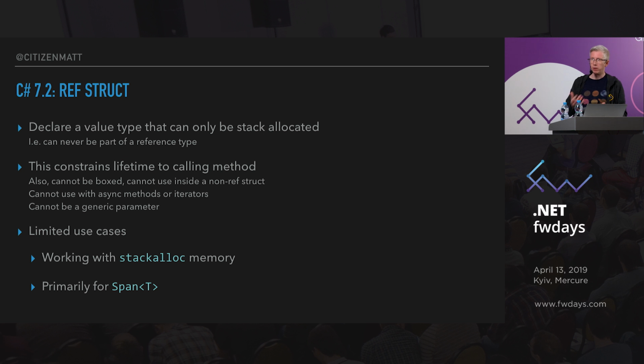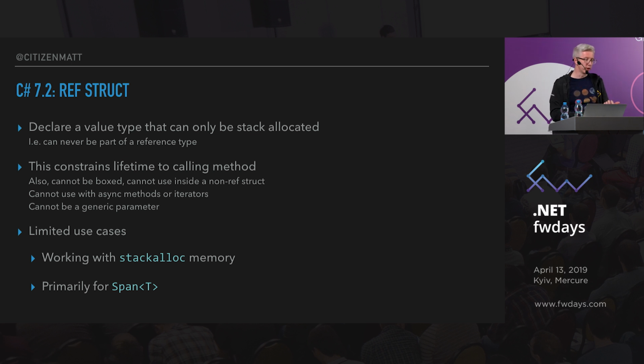So this puts in a whole bunch of constraints on what you can do with this particular value type. The big one is that it constrains the lifetime to the calling method because it can only live on the stack, and once the calling method is done, it gets thrown away. But there's other things as well, so it can't be boxed, it can't live inside another class, and so on. So it has very limited use cases.